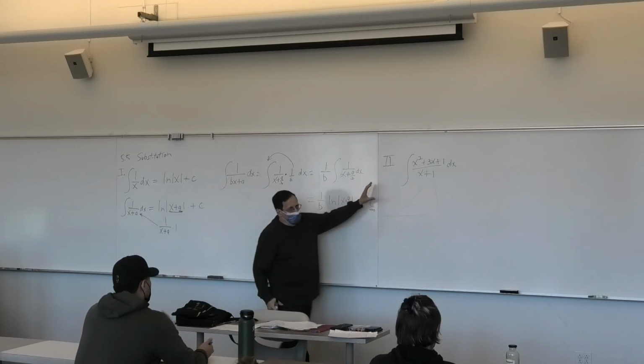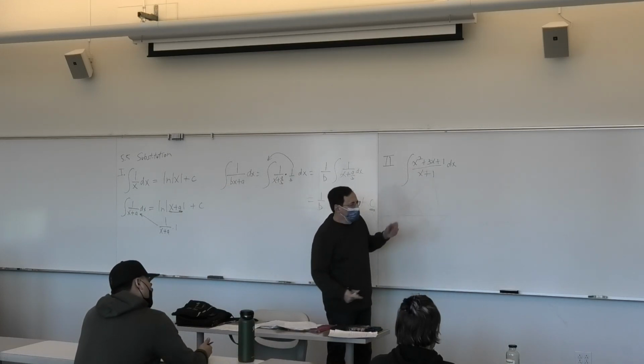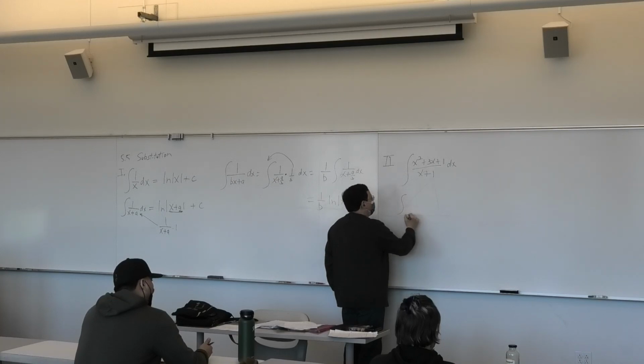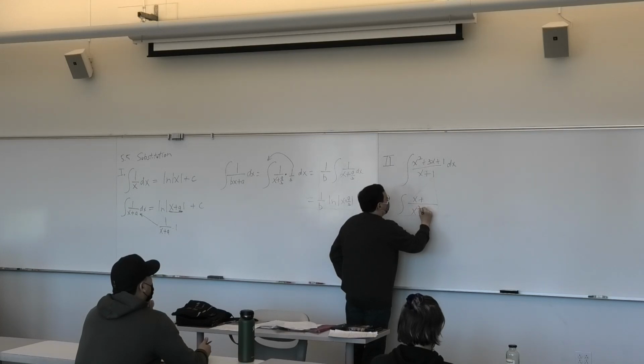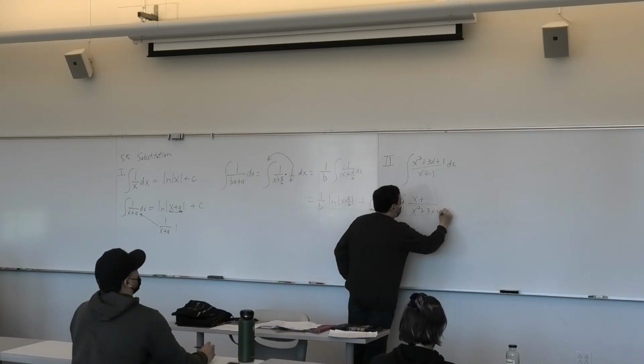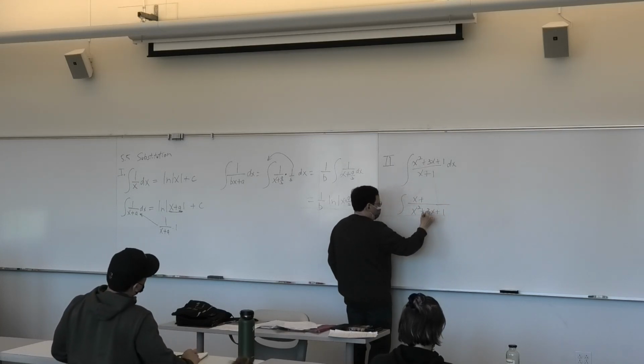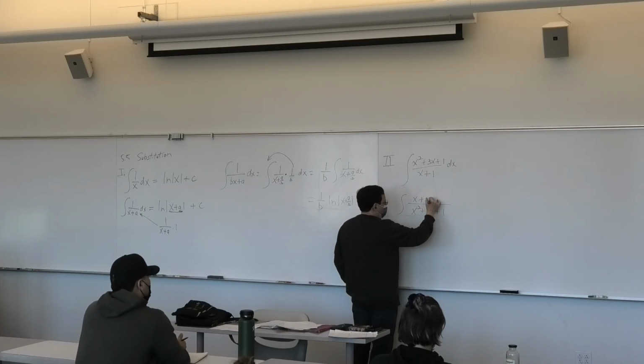Now we have a lot of things that look like this. Sometimes we'll have something that looks like this. See if I can get this right. And up here I have plus.